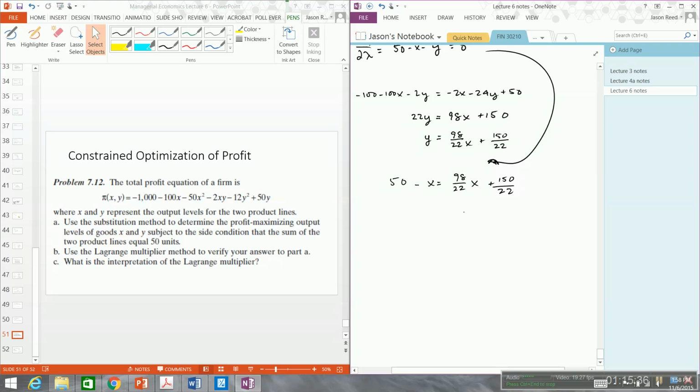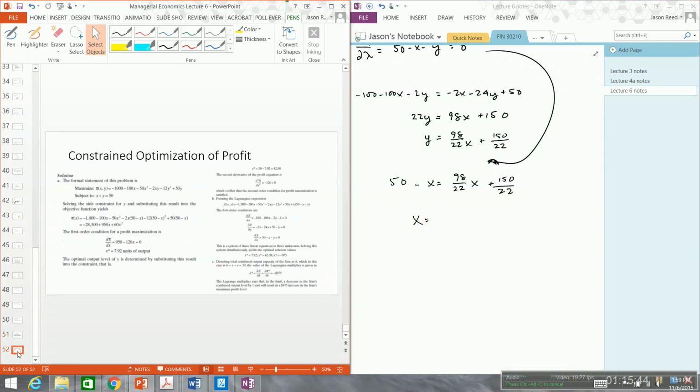Now we can solve for x, and I'm going to skip to the solution. When we solve for this, we get x equal to 7.92, which means that y, when we plug our x value back into our constraint, should be equal to 42.08.